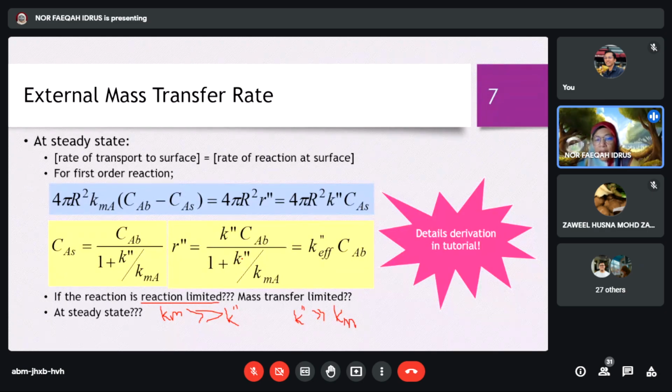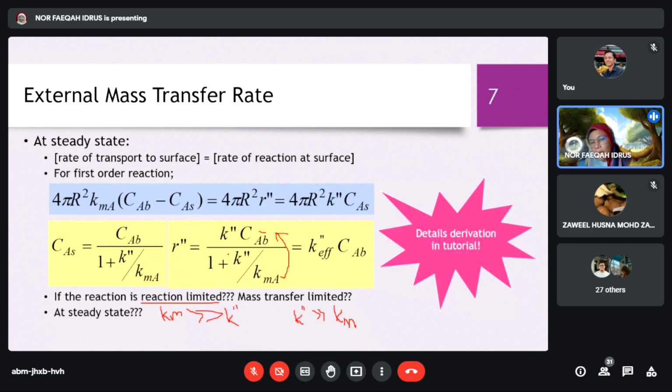So K is larger, we look at the denominator. So K larger than Km, therefore the Km term at the denominator will be negligible. Okay, and then what is left, this one we have brought up, need to rearrange again, bring this up.